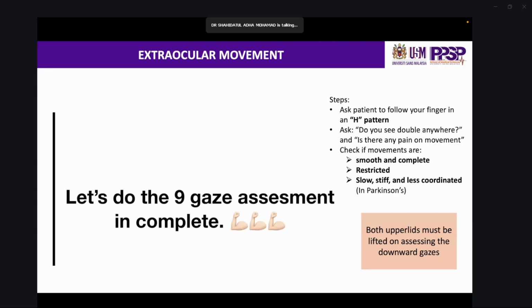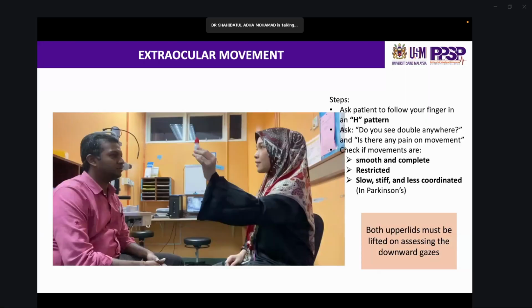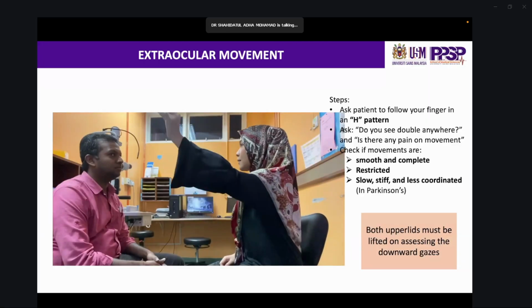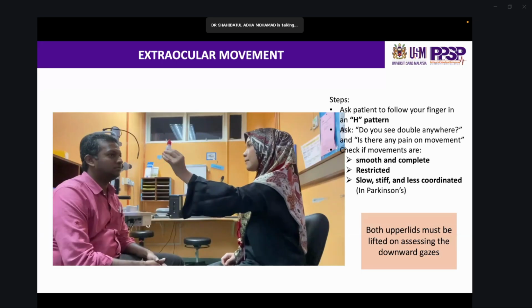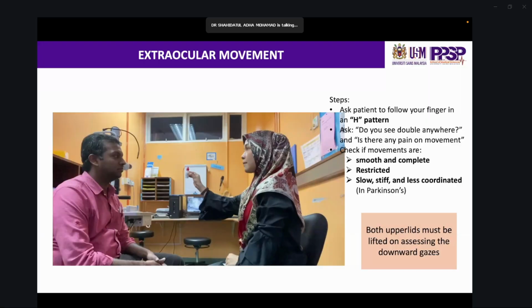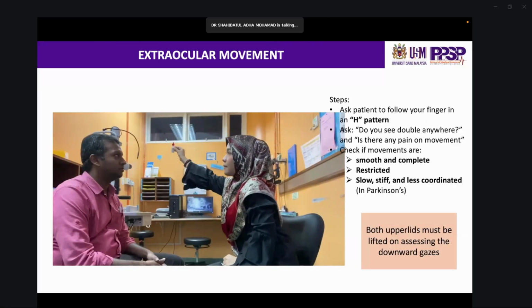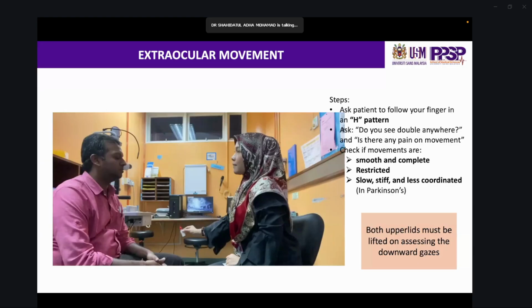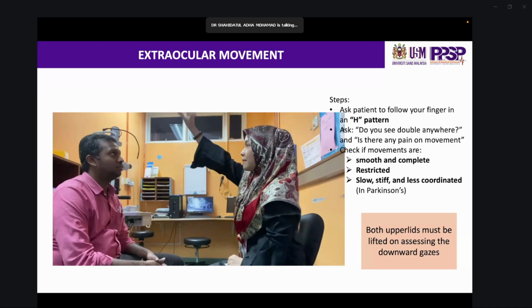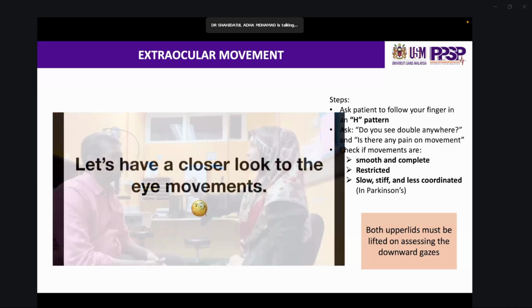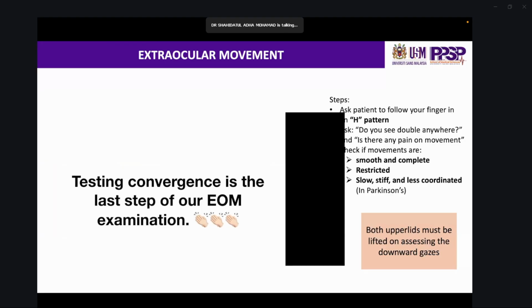Please remember this one, because in the video just now, for the purpose of this video, I didn't lift the upper lid, but in real patients you need to elevate it so that you can see the full movement of the eye on down gaze.